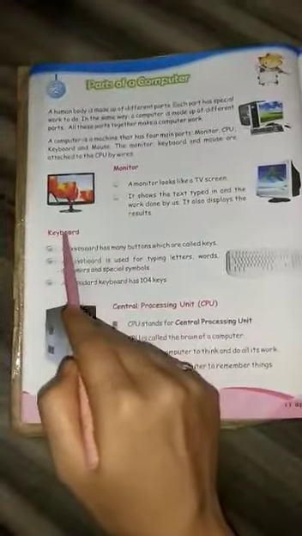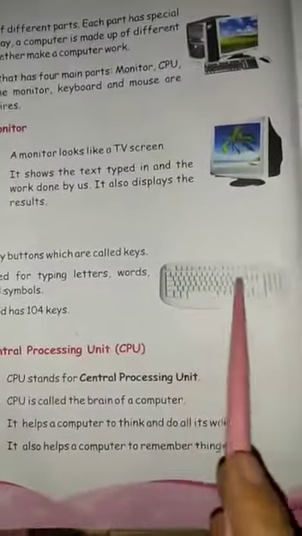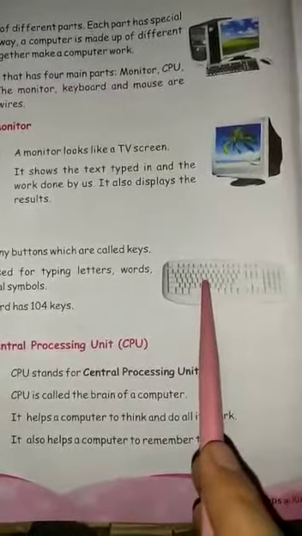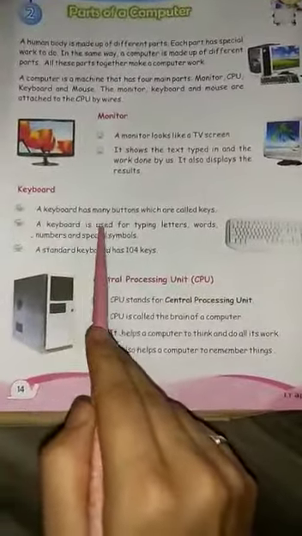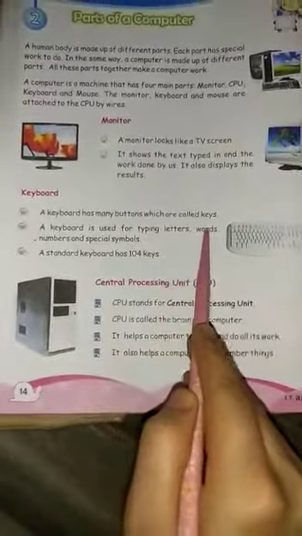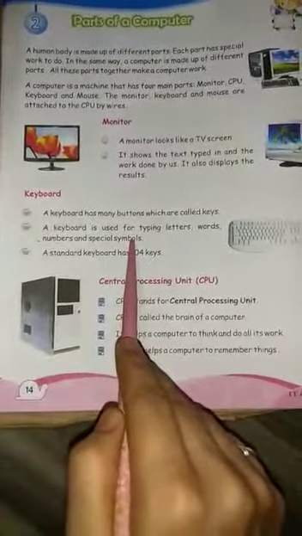Second part is keyboard. A keyboard has many buttons which are called keys. A keyboard is used for typing letters, words, numbers and special symbols.